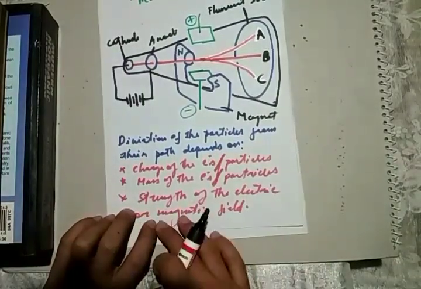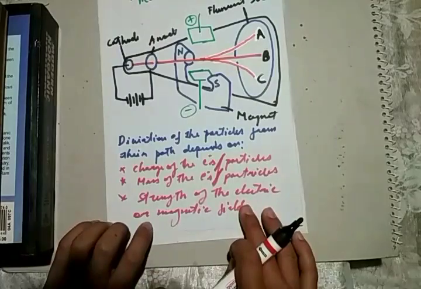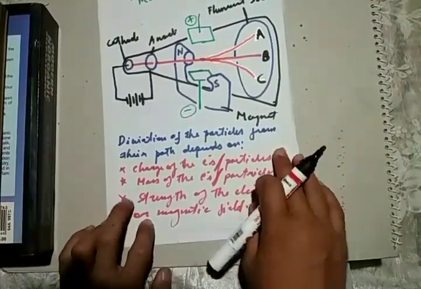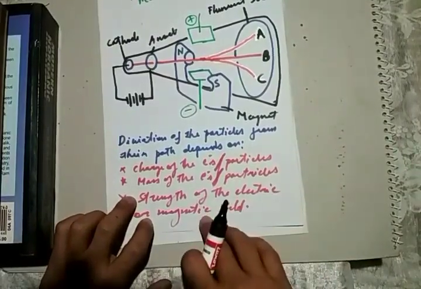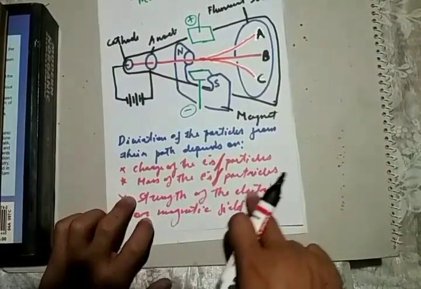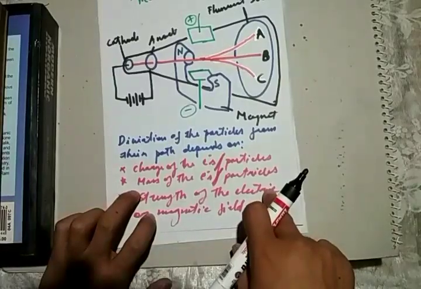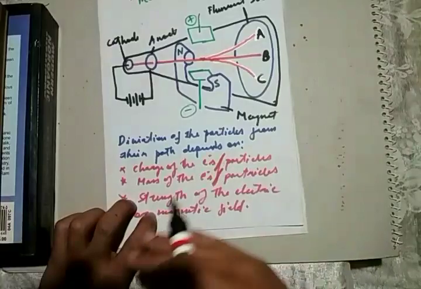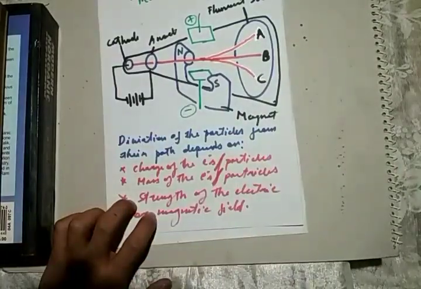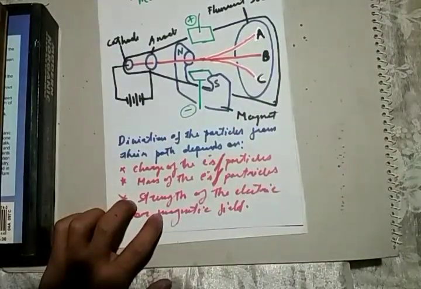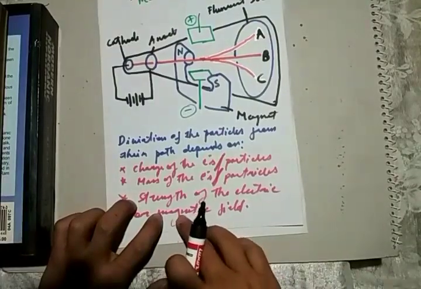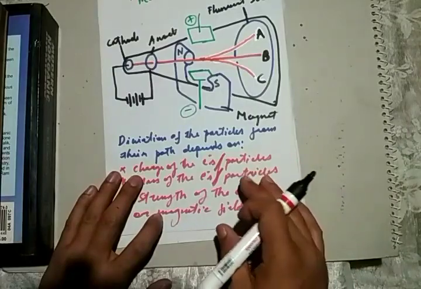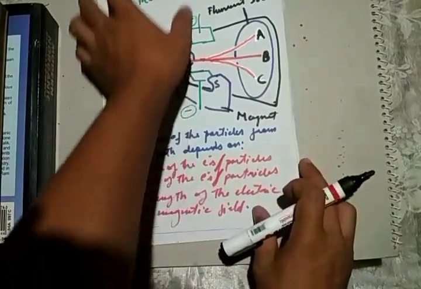Strength of the electric or magnetic field: deviation also depends on the strength of the electric or magnetic field. On applying higher voltage, the strength of the electric field will increase. As a result of this, we will observe a higher deviation. And the same is the case with the magnetic field: if the magnetic field strength increases, there will be more deviation.